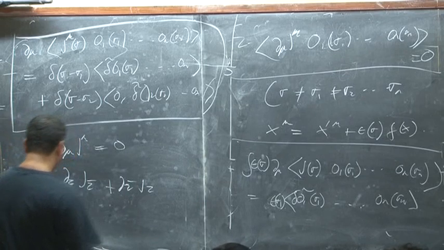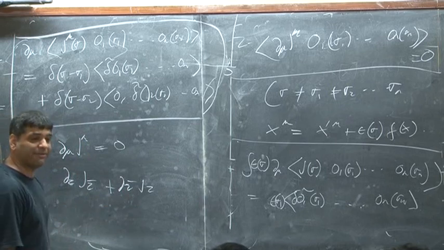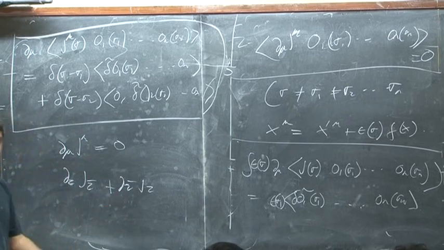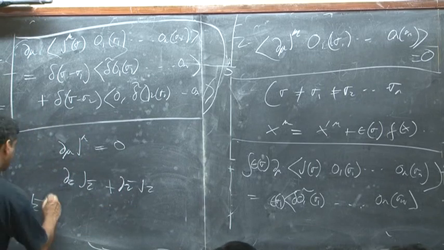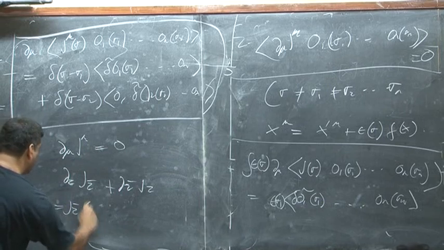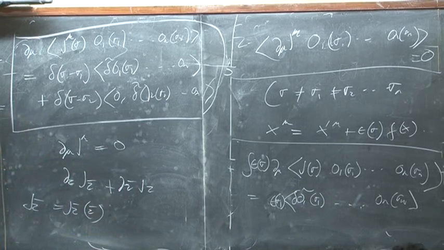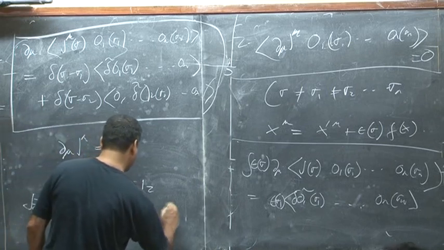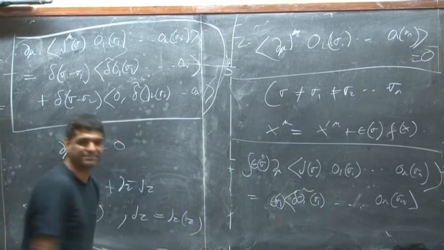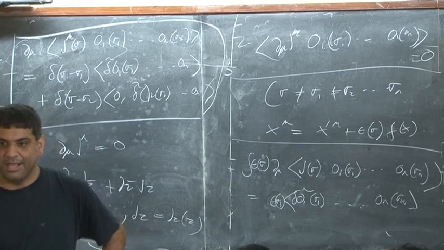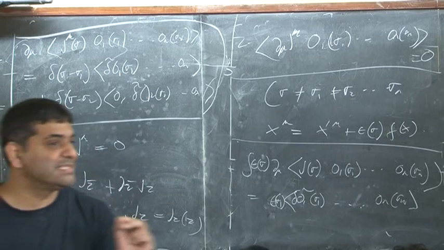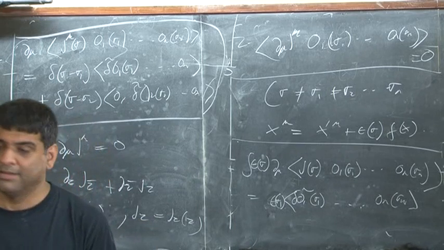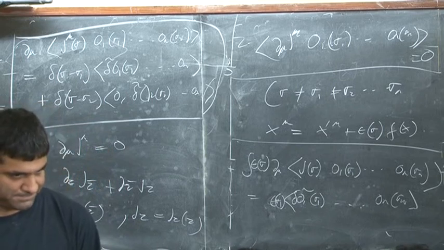Now, one way in which a current like this could be conserved is if J z bar was a function of z bar only, and J z was a function of z only. I emphasize that this is a statement about correlation functions.